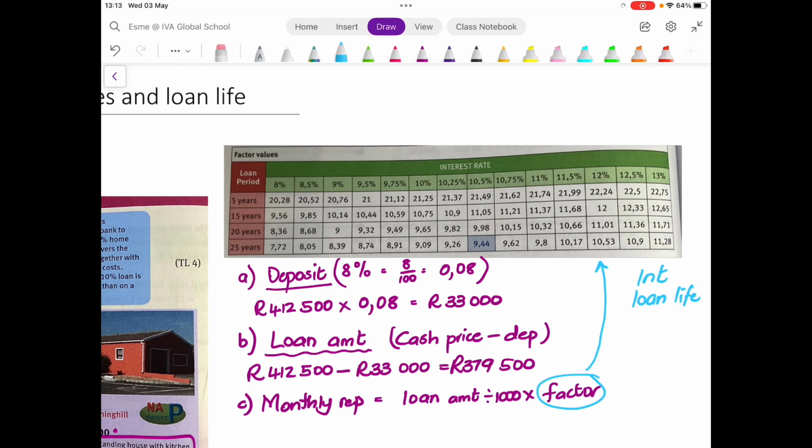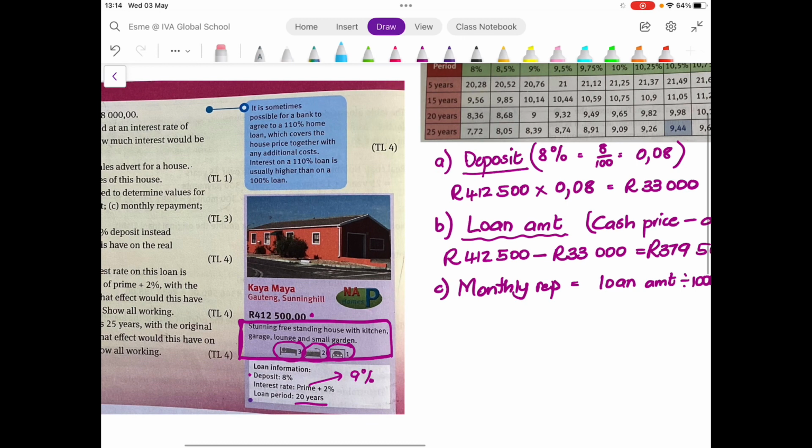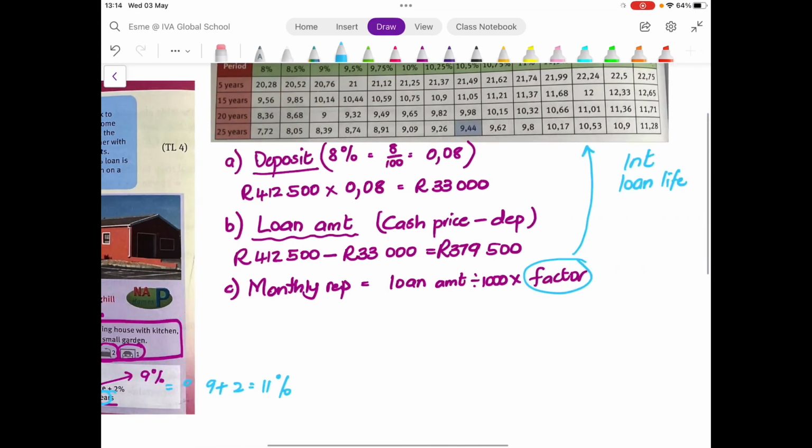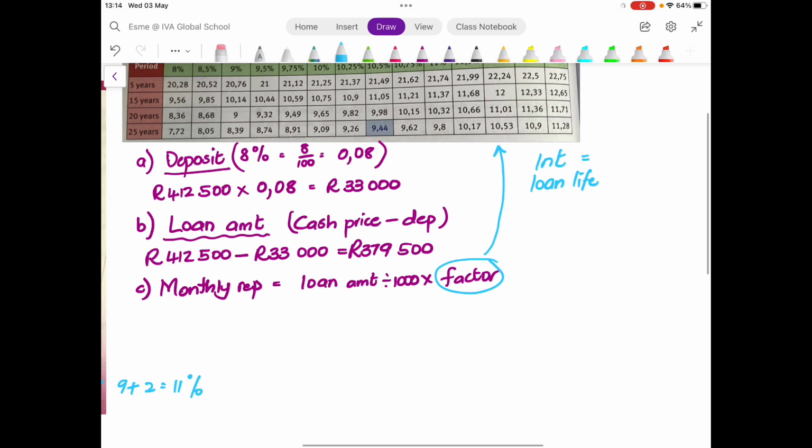So we were given that the interest rate is prime plus 2, so this is going to be 9 plus 2 equals 11%, and it's over 20 years. So we need those two. The interest rate, a percentage, is 11%.